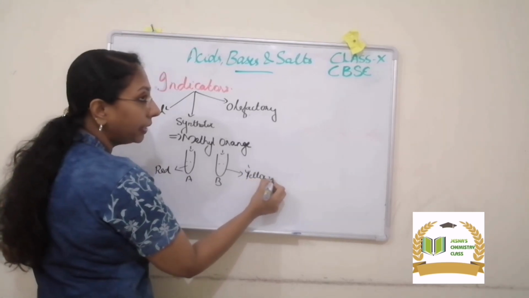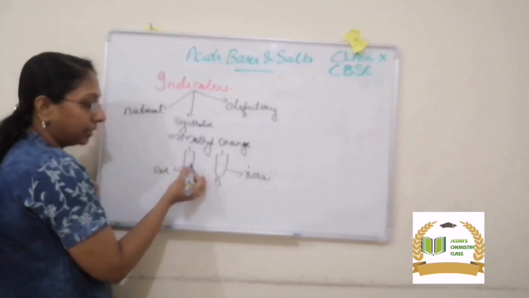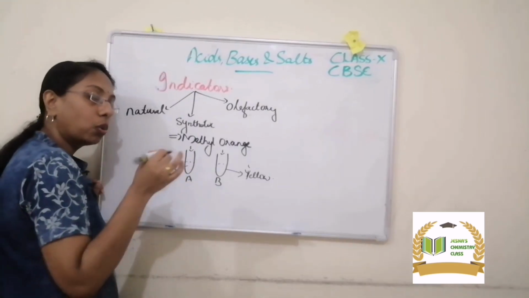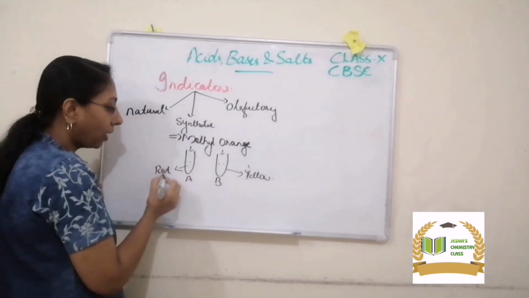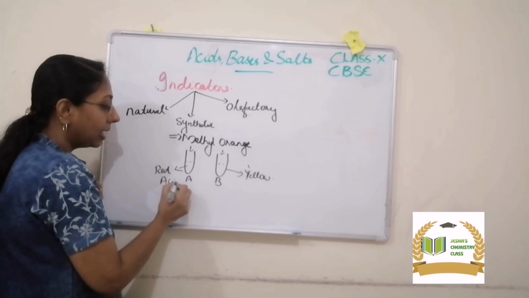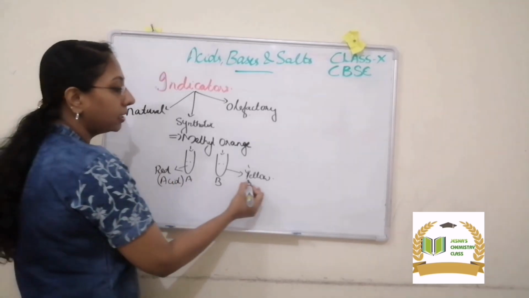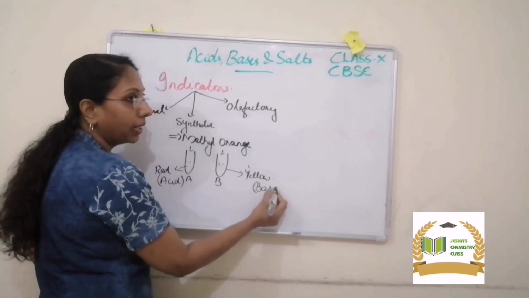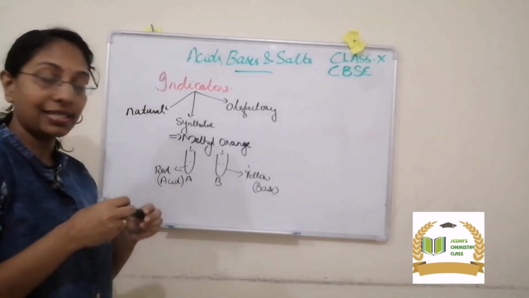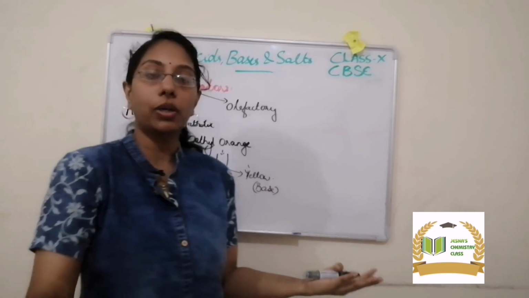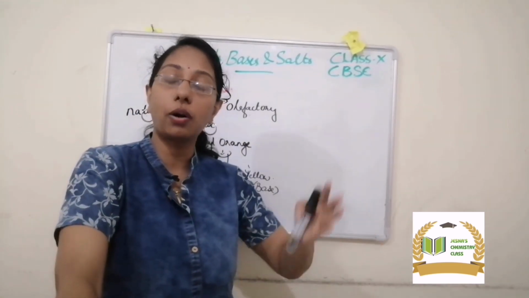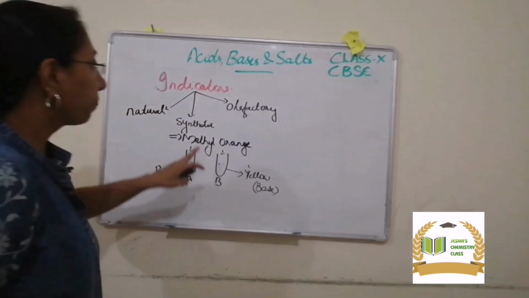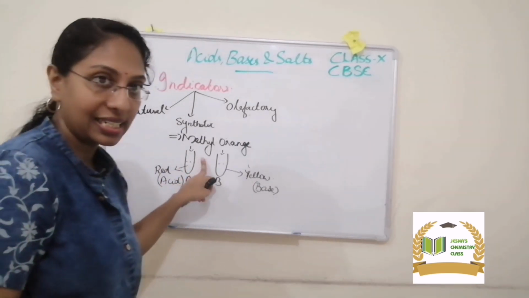Then we can say that the solution which changes into red on adding methyl orange is an acid, and the solution whose color changes into yellow is called a base. If there is no color change, we can say that it is not an acid, not a base. It can be a neutral solution. There are many types of neutral solution. So methyl orange is a synthetic indicator.